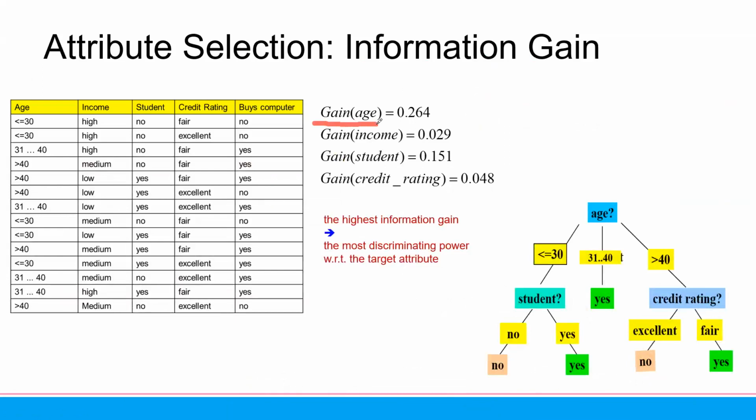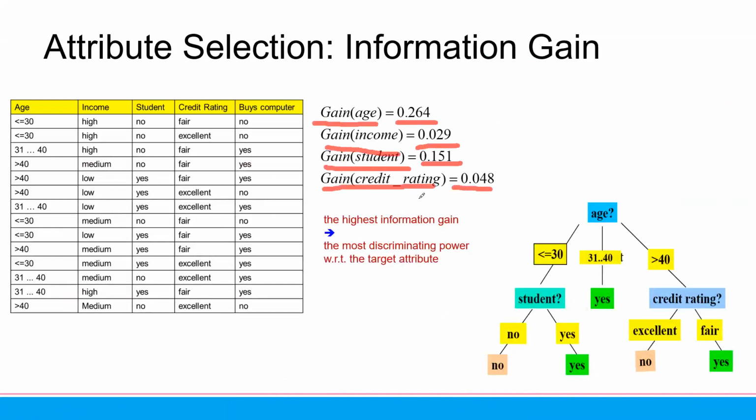When we did the calculation for the age attribute, we got 0.246. If we do the gain for income, we get 0.029. For student, we get the value 0.151. For credit rating, we get the value 0.048.